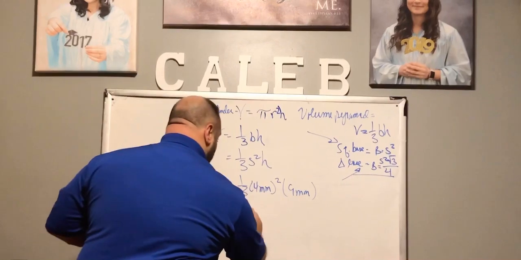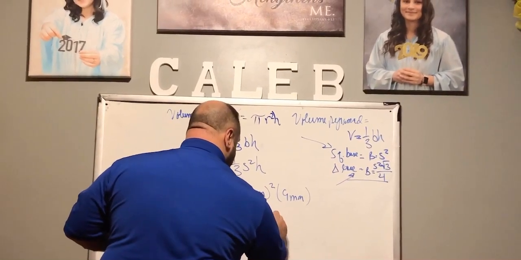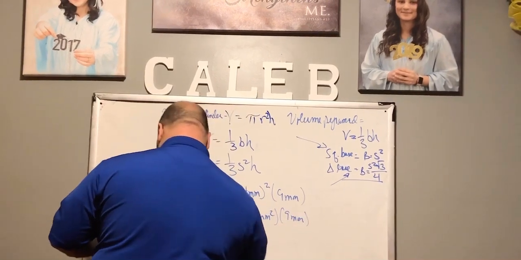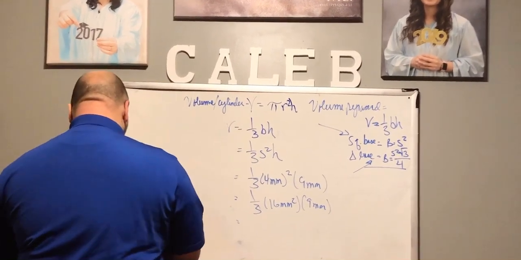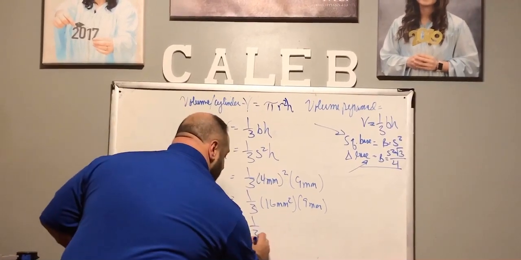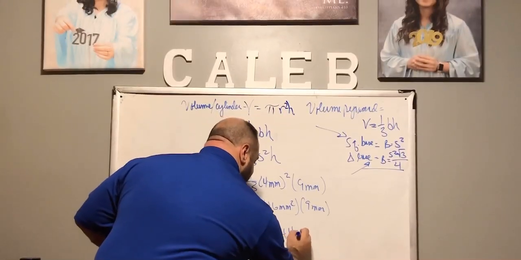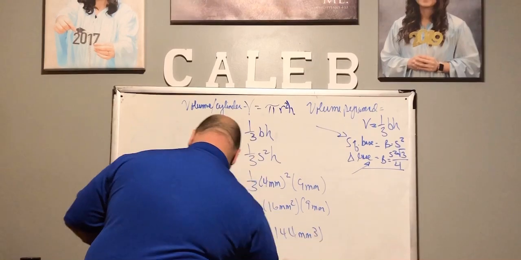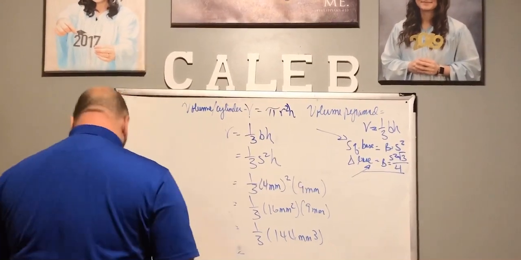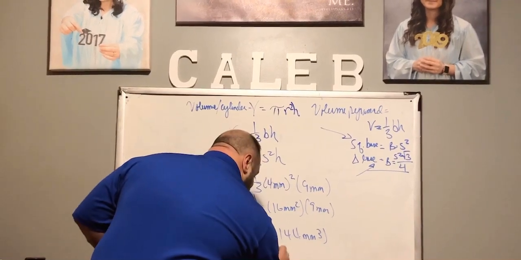So 1/3 times 16 millimeters squared times 9 millimeters. Then 16 times 9 is 144 millimeters cubed, and then times 1/3 we should have 48.